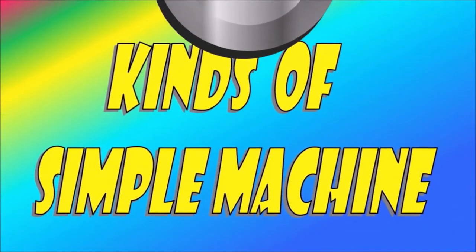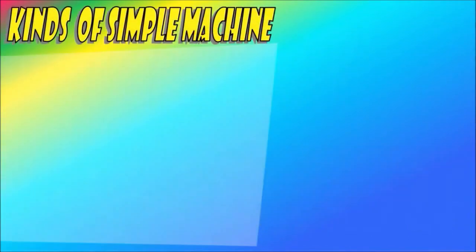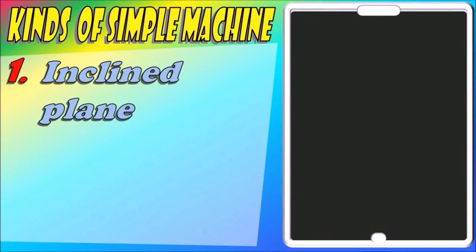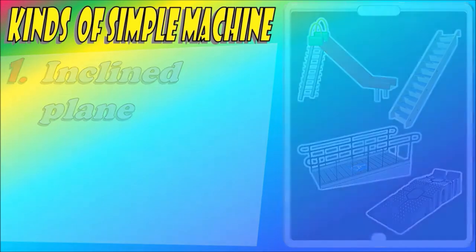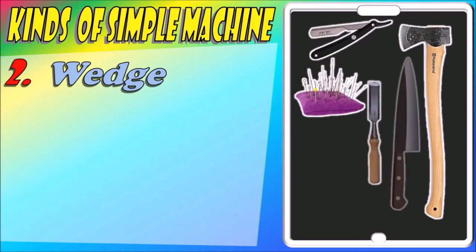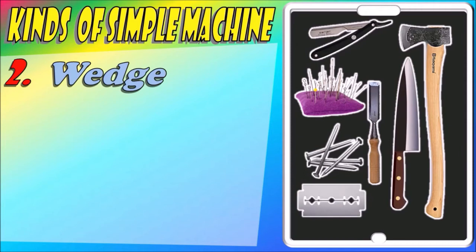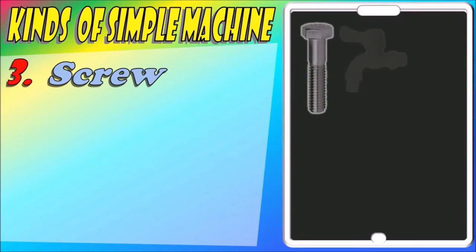These are the kinds of simple machine. Number 1. Inclined plane. Number 2. Wedge. Number 3. The screw.